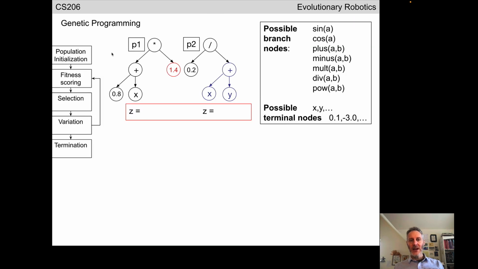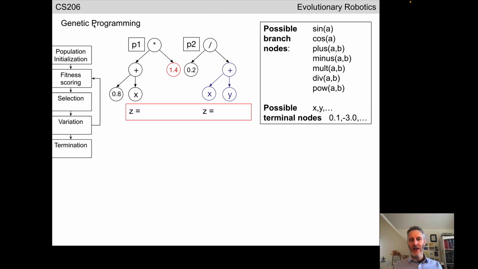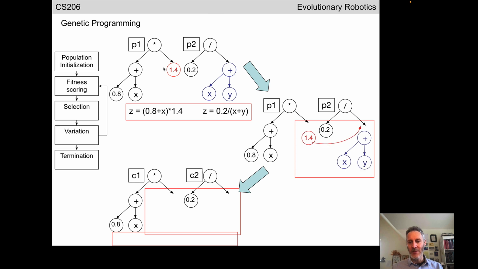That's using genetic programming, a type of evolutionary algorithm, to solve a particular problem, which is symbolic regression. You can also use genetic programming to solve other kinds of problems. Any problem where you can encode candidate solutions in a tree is amenable to genetic programming.